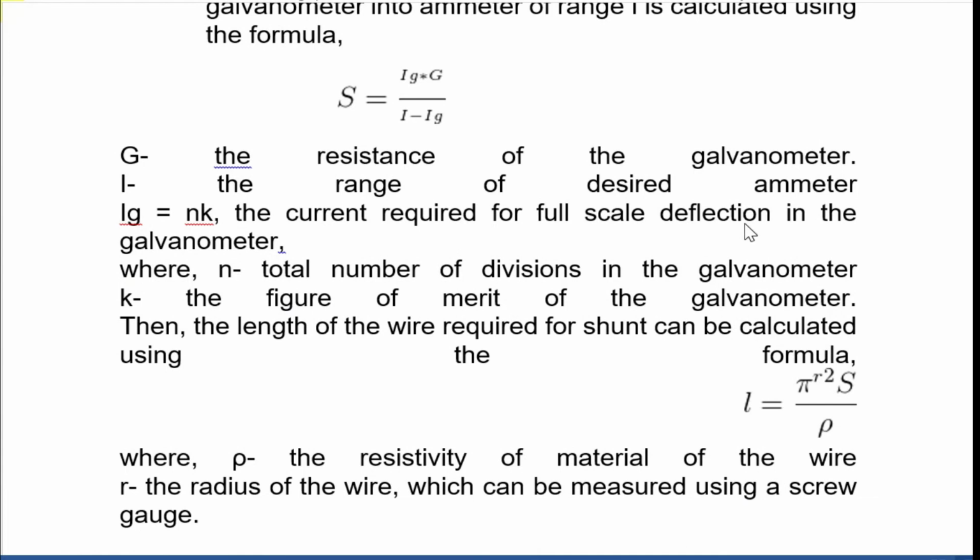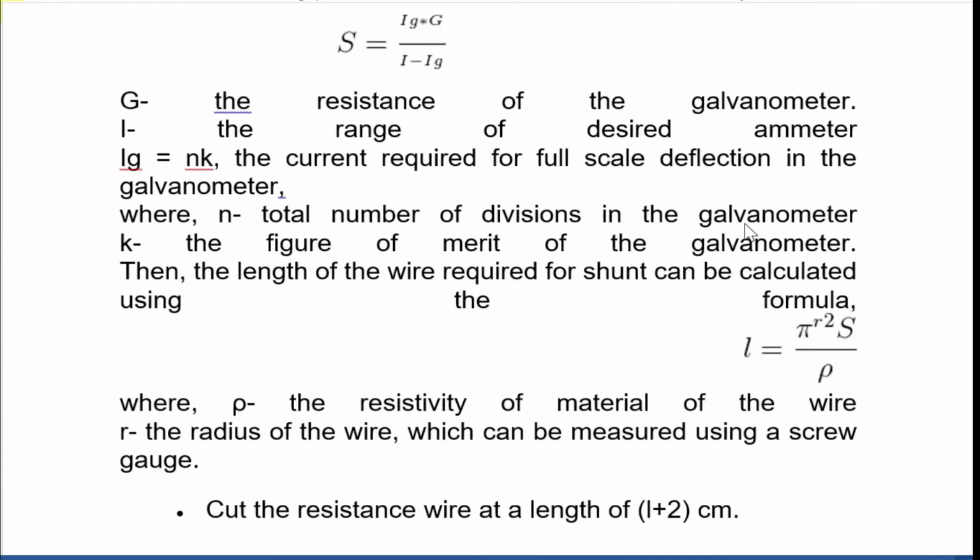Here G is the resistance of the galvanometer, I the range of the desired ammeter, and Ig = N K is the current required for full scale deflection in the galvanometer, where N is the total number of divisions in the galvanometer and K the figure of merit of the galvanometer.